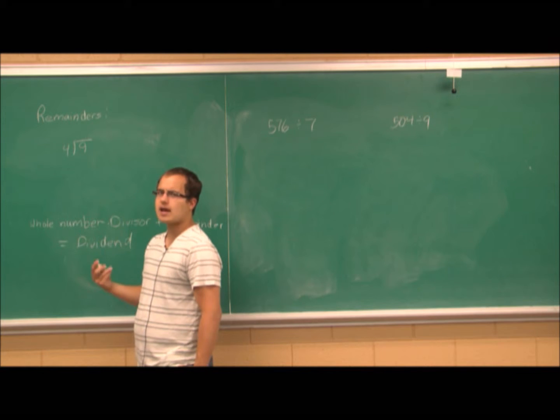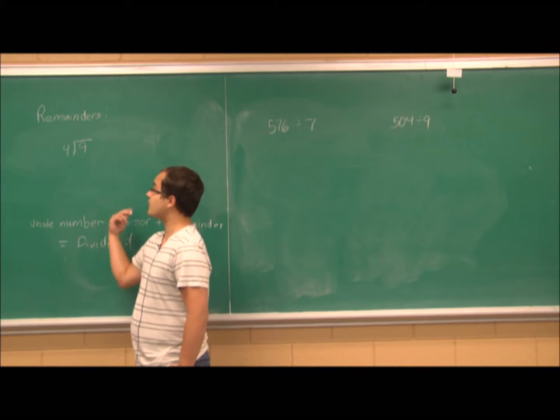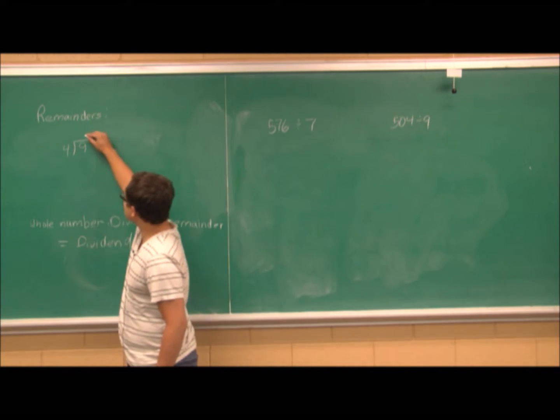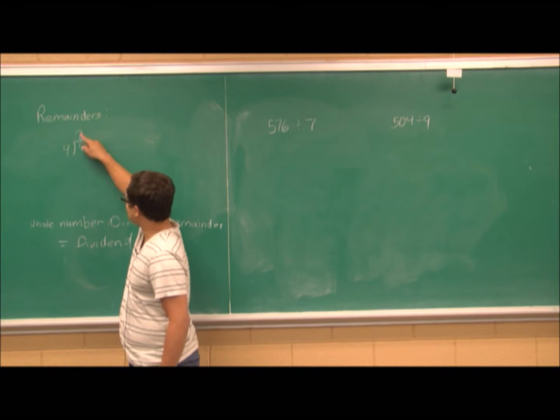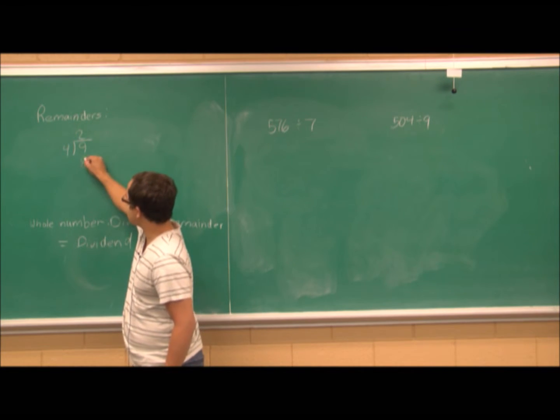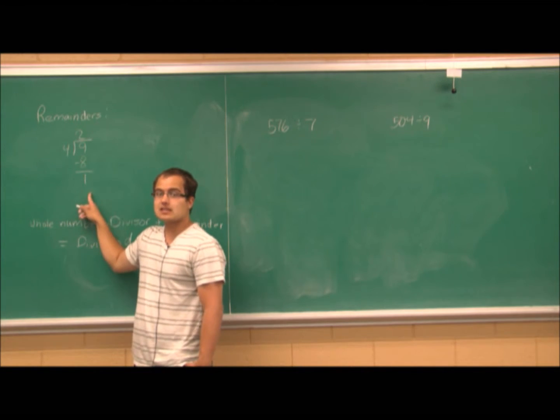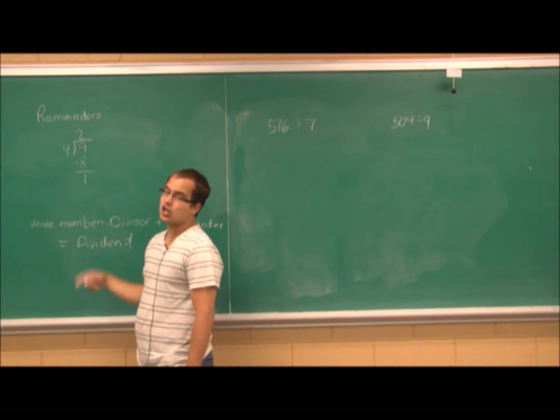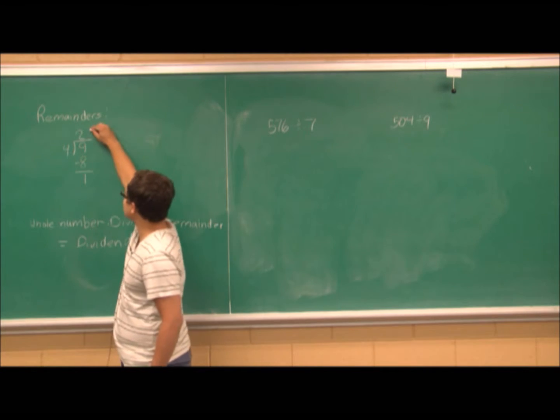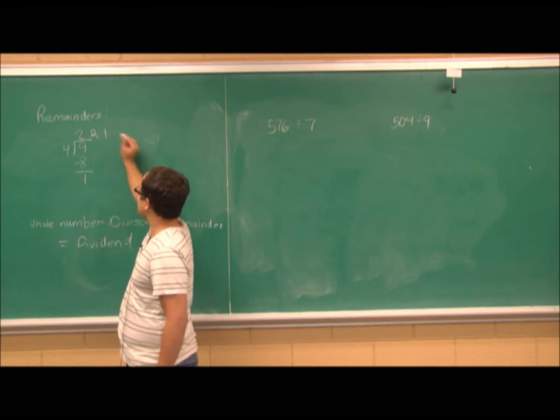Well, I know 4 times 2 is 8, and 8 is very close to 9. So what I'm going to do is 2. 2 times 4 is 8. 9 minus 8 is 1. Now, because this is leftover, that's called our remainder. And we can show it like this: 2, remainder 1.